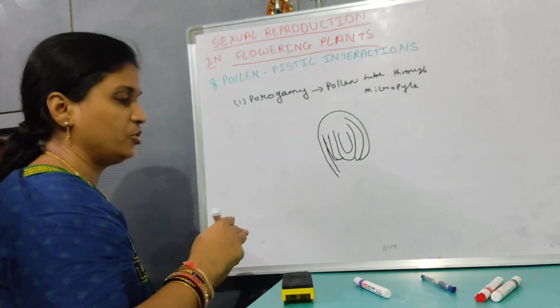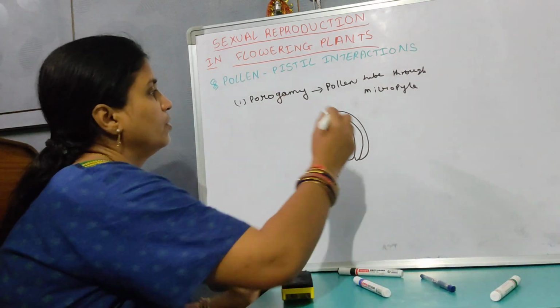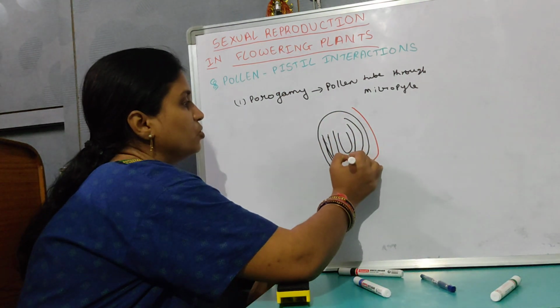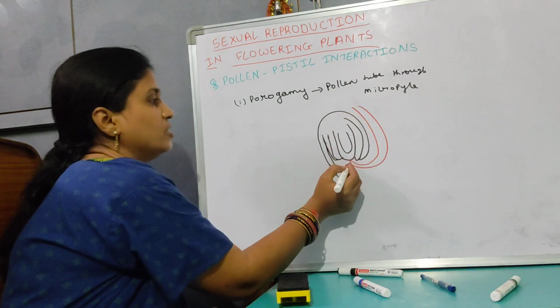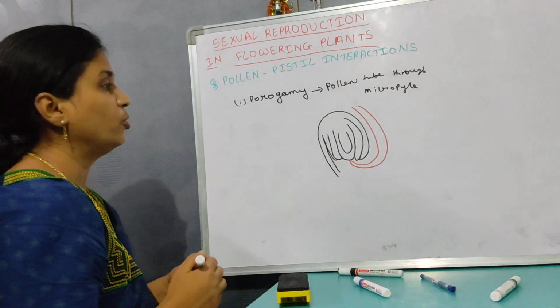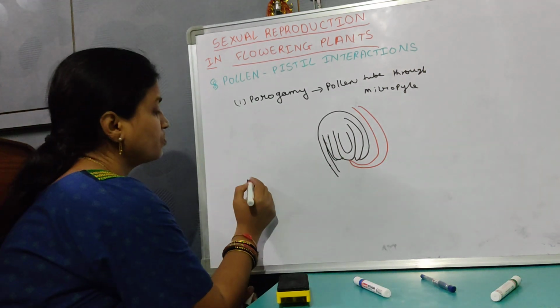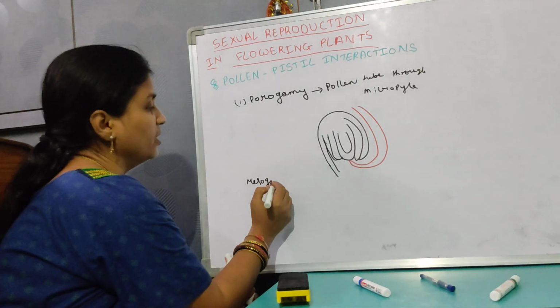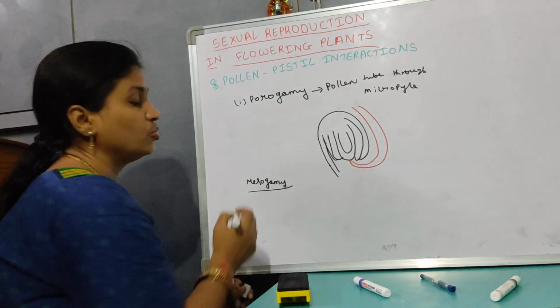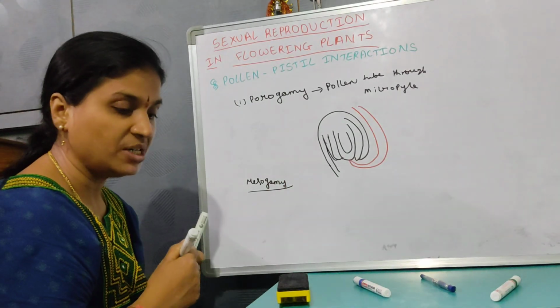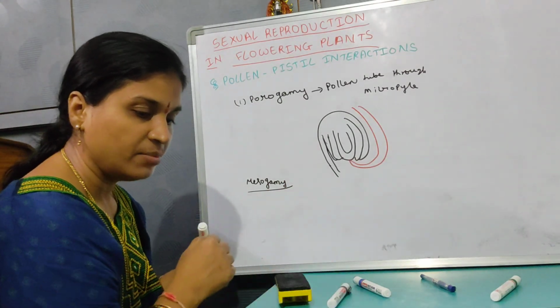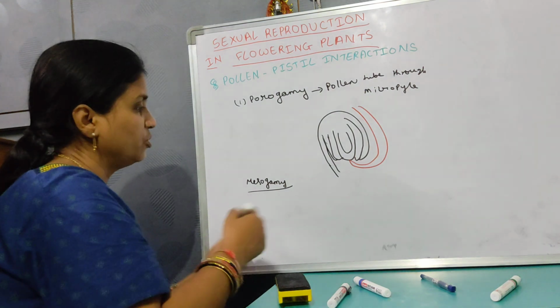So when the pollen tube enters through the micropyle, so this is the micropyle, no? This is called porogamy. When the pollen tube enters through the integuments, it is called mesogamy. Okay, when it is entering through the integuments, it is called mesogamy.